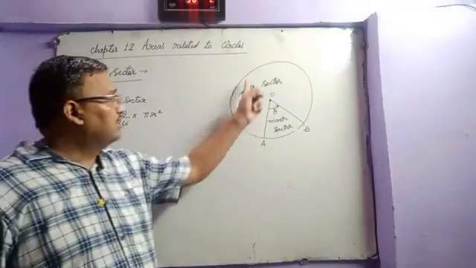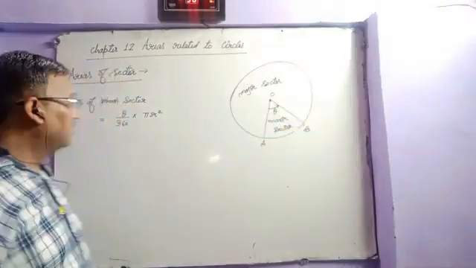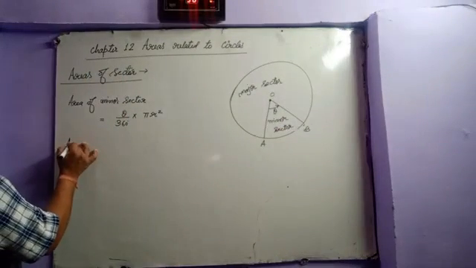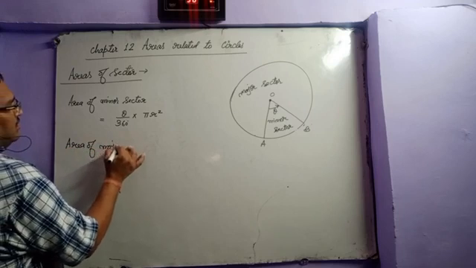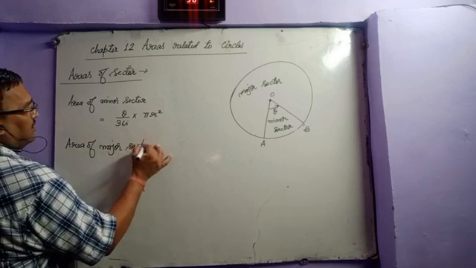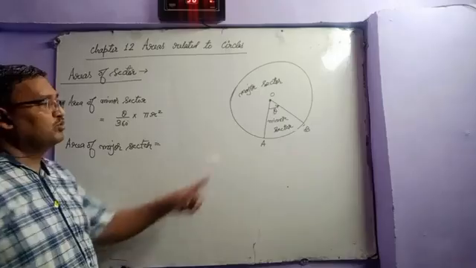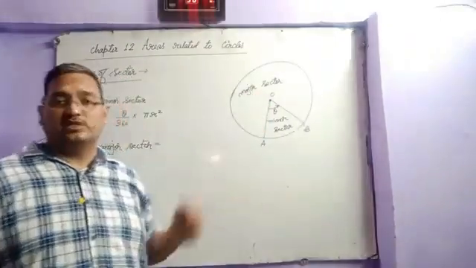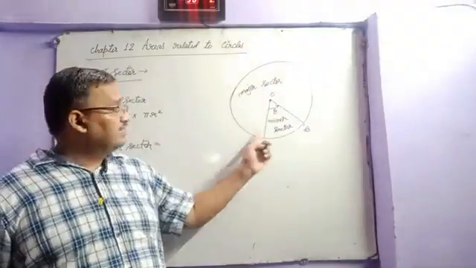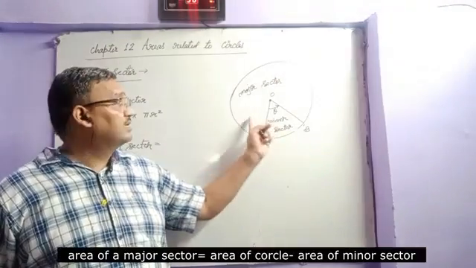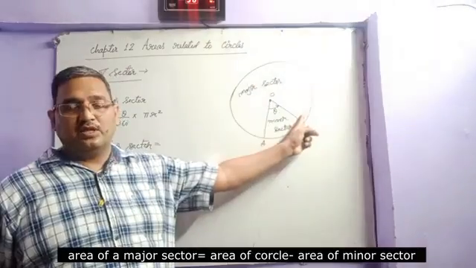If we want to calculate the area of major sector, there are two ways to calculate the area of major sector. We can calculate the area of whole circle and subtract the area of minor sector, we can get the area of major sector.